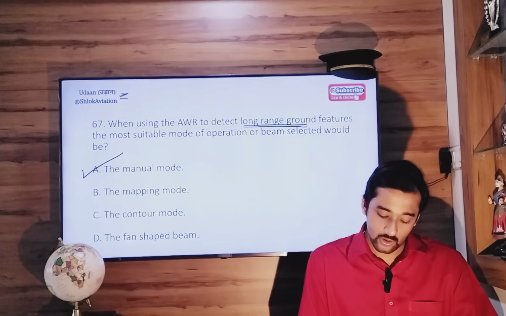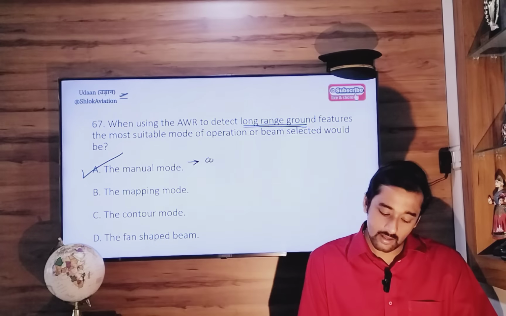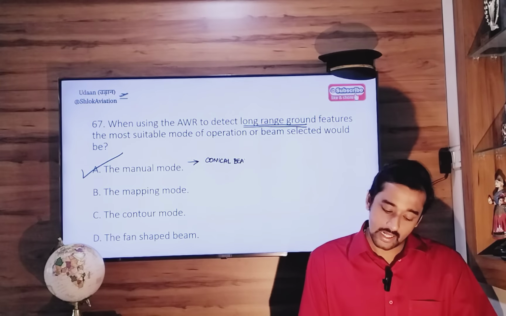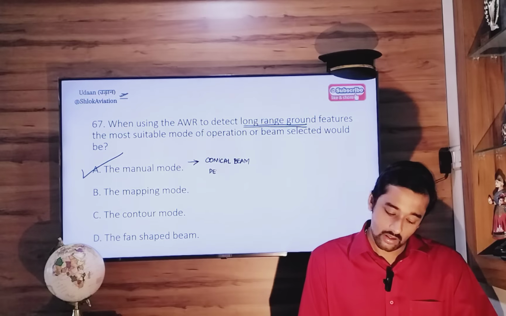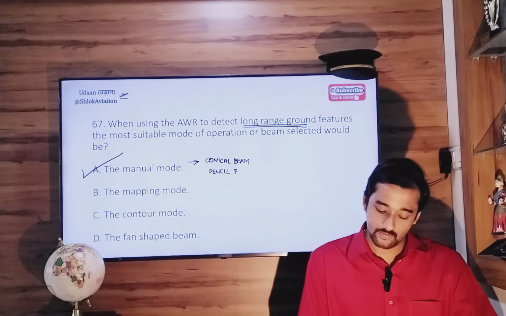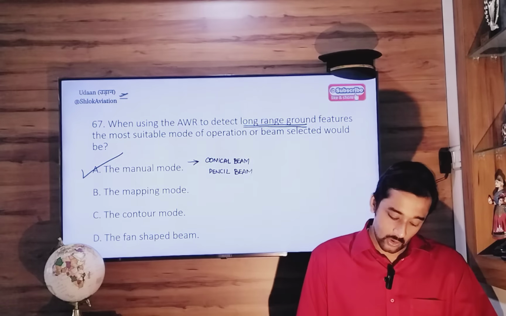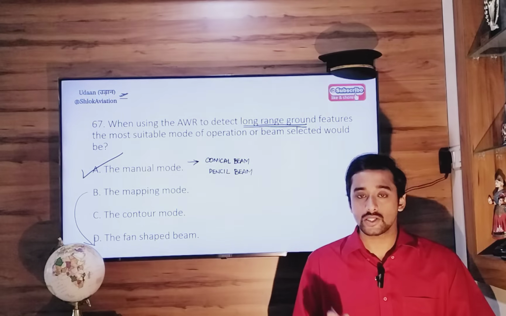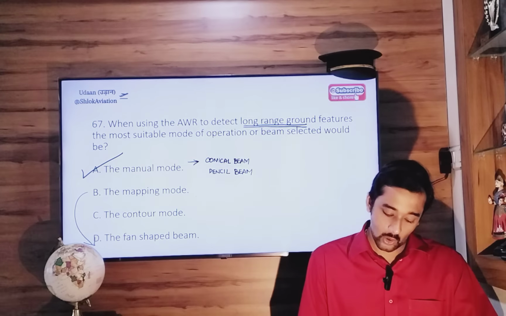In the manual mode, you can get conical beam or pencil shape beam. Mapping mode and fan shape beam both use cosecant or fan shaped beam.